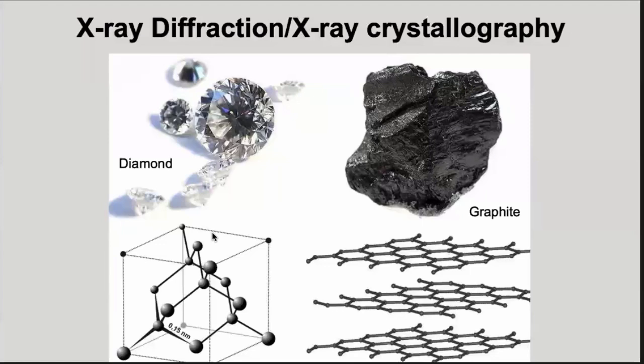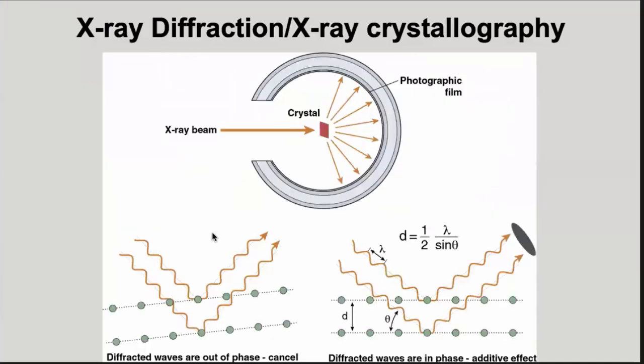So X-ray crystallography would allow you to pass an X-ray beam through these different crystals and actually determine the 3D structure of the atoms. So how exactly does this work? Here's a simplified view of an apparatus that is used for X-ray diffraction or X-ray crystallography.